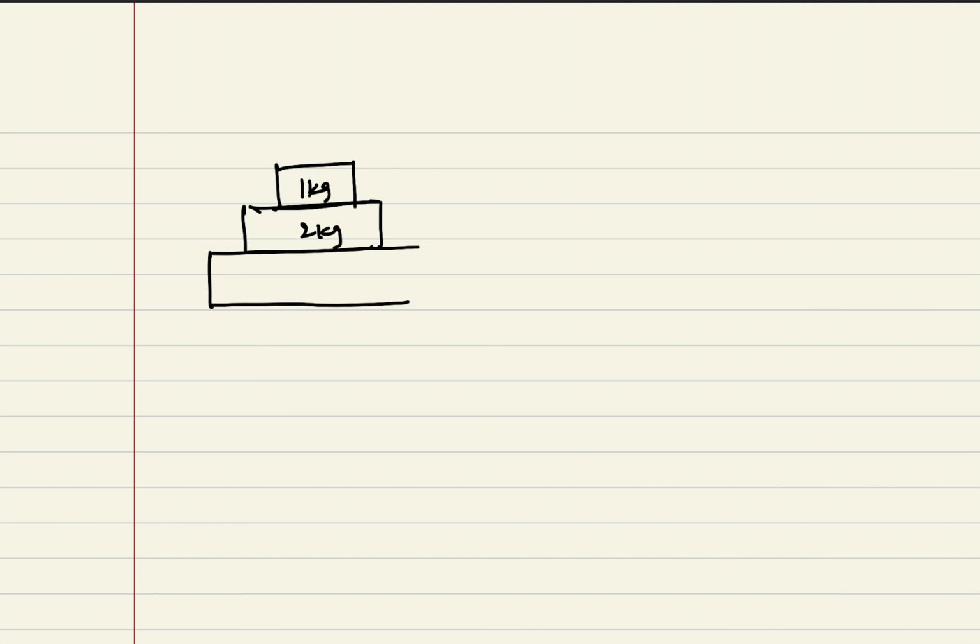In the same manner, if I take a number of blocks one upon the other, like a 1 kg body placed over the 2 kg body, and the 2 kg body placed over the 4 kg body, and I want to calculate the normal forces at different locations, I can see the first contact, second contact, third contact.